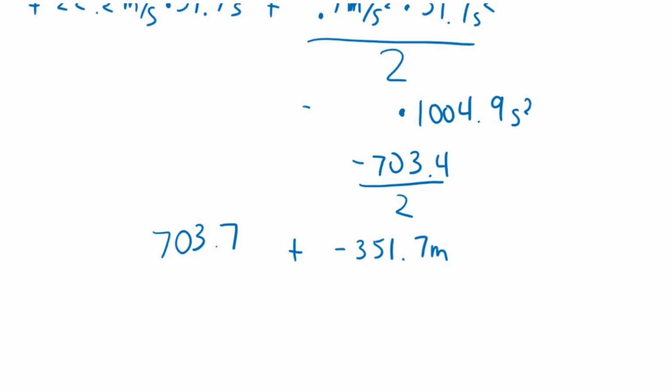And seconds is at the bottom, so they cancel out. So we're actually left with 703.7 meters. So displacement final is equal to 703.7 minus 351.7.